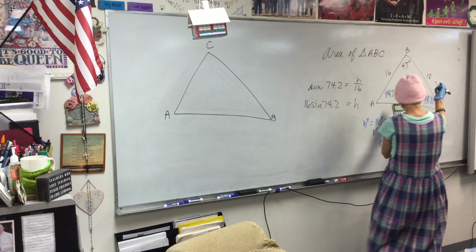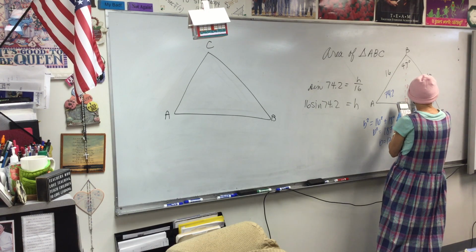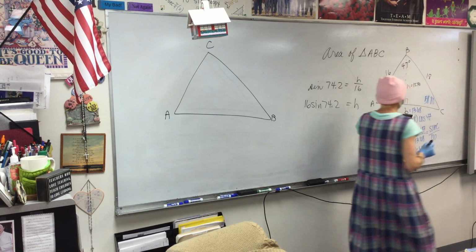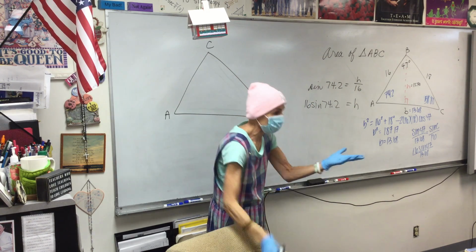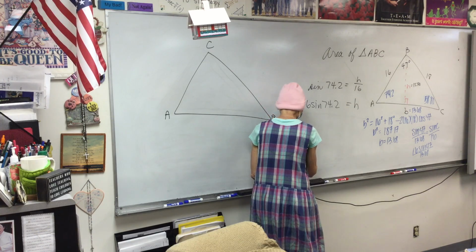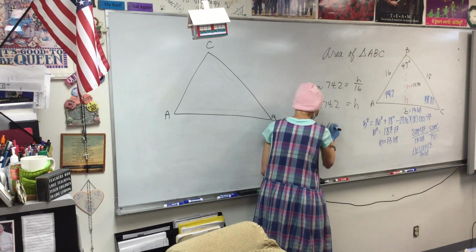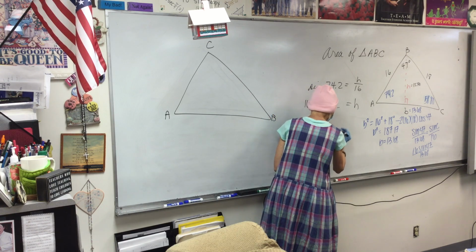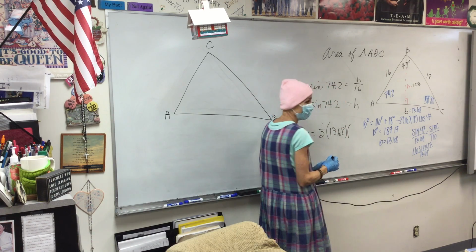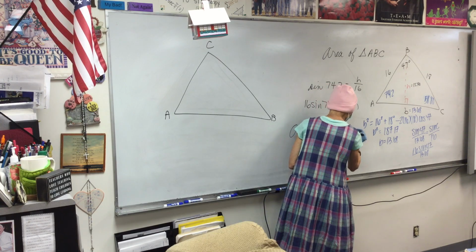I got 15.4 basically. So now we can do the area of our triangle. You said area was 1/2 the base, which would be what? 13.68 times the height, which we just found to be 15.40.